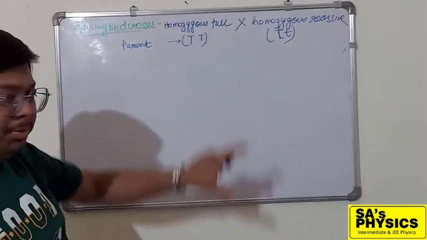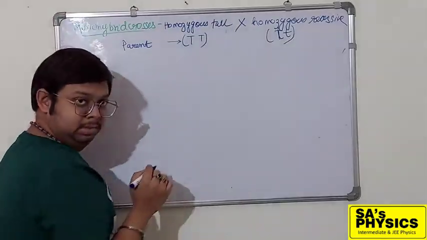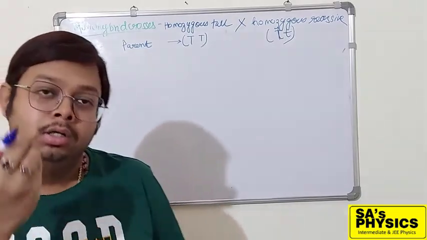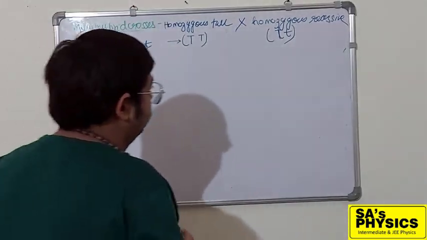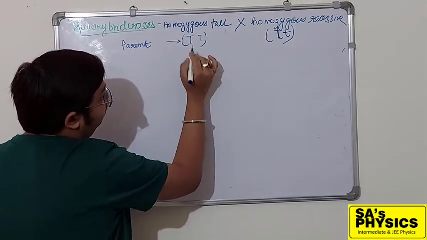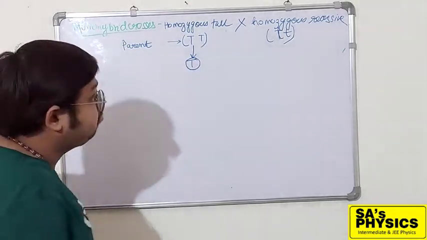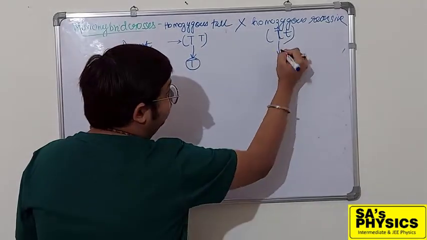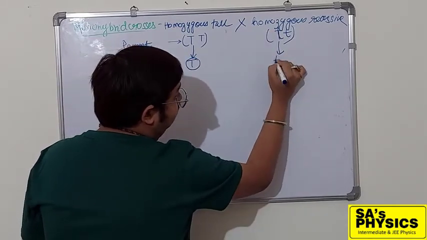Now, this parent will produce certain gametes. Obviously, any parent will produce gametes for the formation of the zygote. Union of gametes will form the zygote. So the gamete that will be formed from this plant will only be of one type, that is capital T, and the gamete from this homozygous recessive plant will be small t.